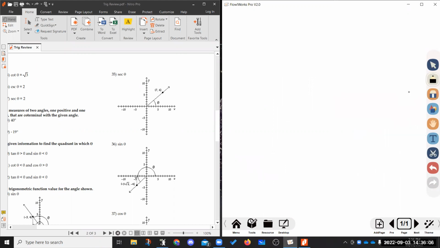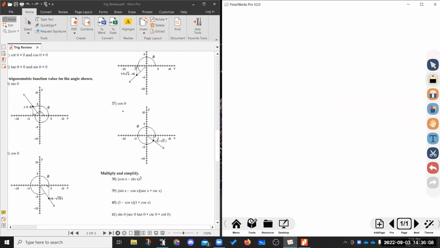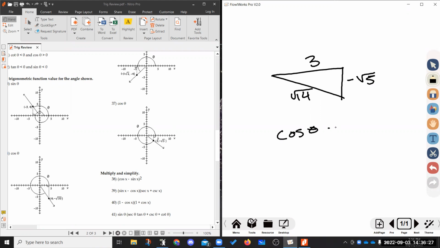On to number 37. We have a triangle down in quadrant 4 again, and it is 3 on the x and -√5 on the y. 9 plus 5 is 14, and we need to find the cosine of the angle. So that's going to be 3/√14.